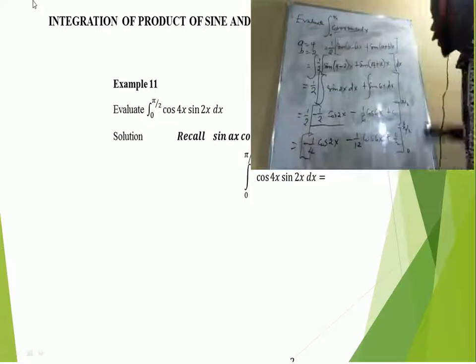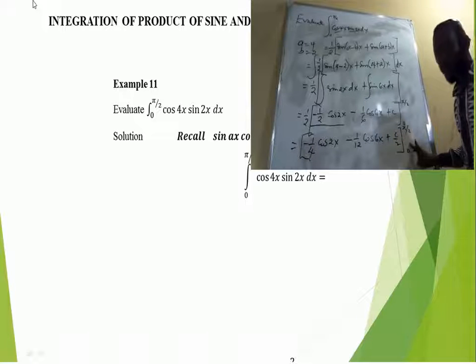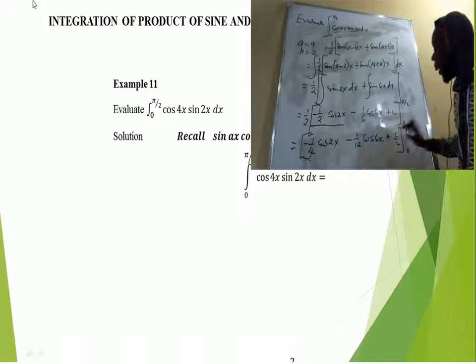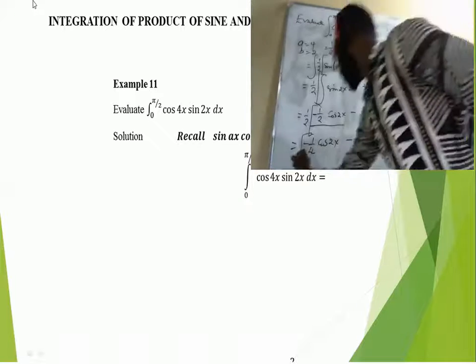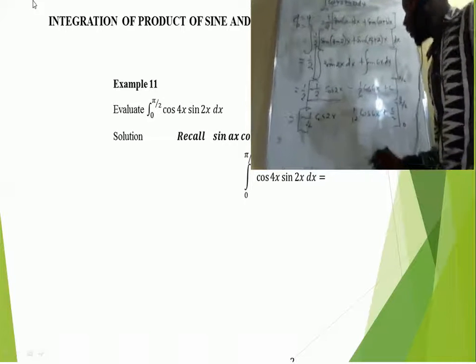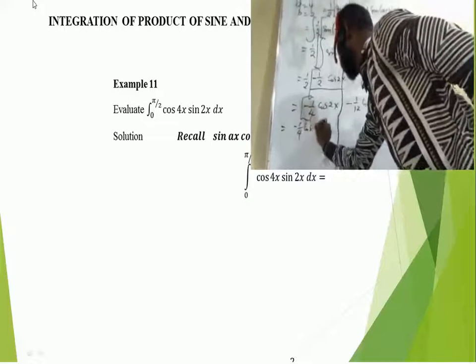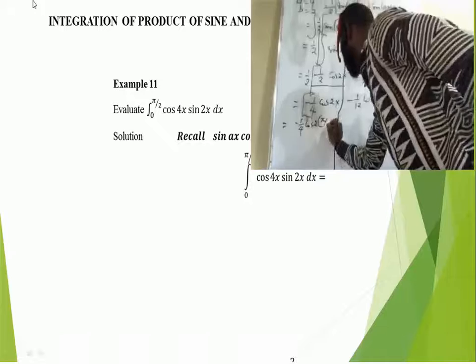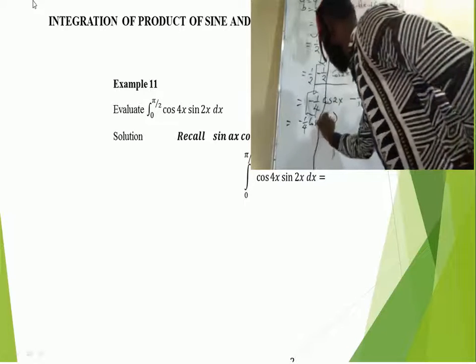So anywhere you see x, you simply substitute pi over 2. So let us substitute pi over 2 here. By the time we substitute pi over 2, we are going to achieve this: minus 1 all over 4 cos 2 bracket pi all over 2. This one is 2, take note.